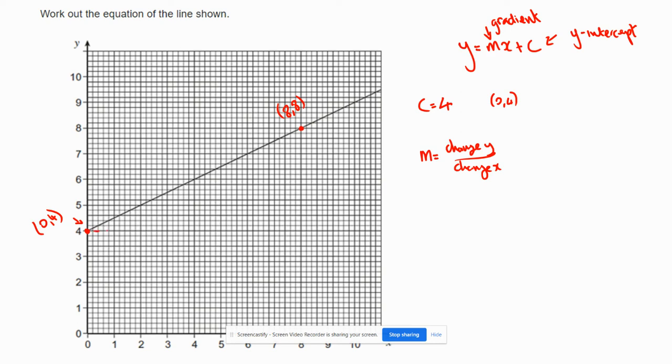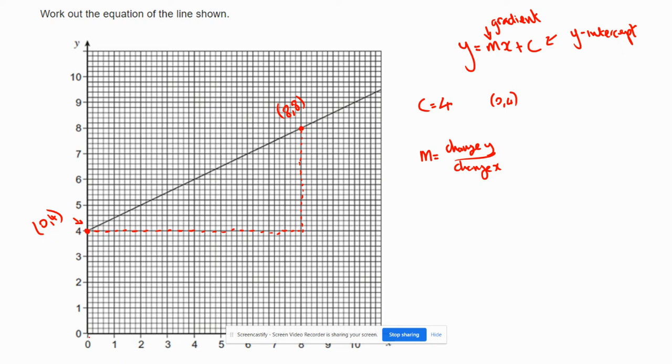So what you need to do is determine, between these 2 points, what the change in y is. By how much have the y coordinates increased, and also by how much have the x coordinates increased? Places that students typically go wrong: first of all, always check the scale along the bottom.